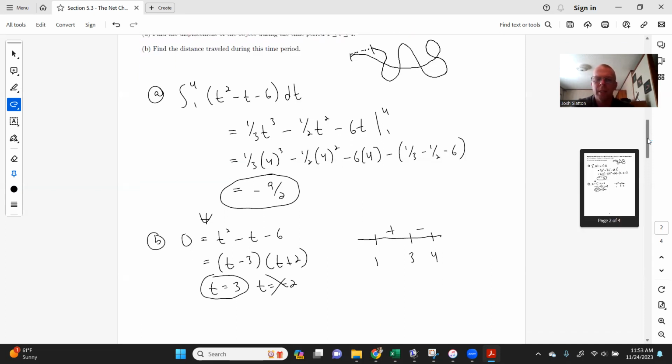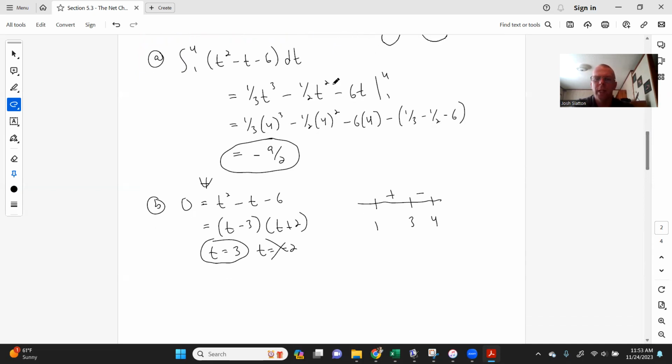Now with that in mind, we are going to integrate the velocity function, but we're going to break it up into 2 pieces. So on this piece we are moving this way, and on this piece we're going to be moving that way. Let's do that.